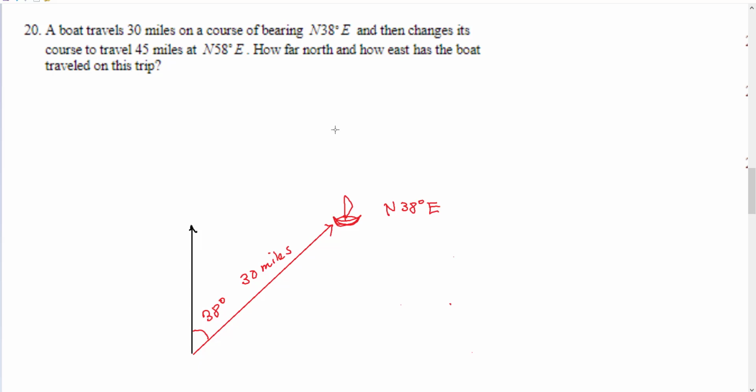So I start changing the course at this point. That's my direct north, but I'm not going north, I'm going north 58 degrees east. So that's north again, but I'm going to tilt it this time 58 degrees to the east. Now the boat is going in that direction, so that's 58 degrees east. The boat is over here now, and there it traveled 45 miles.